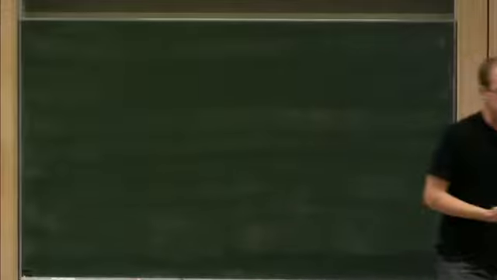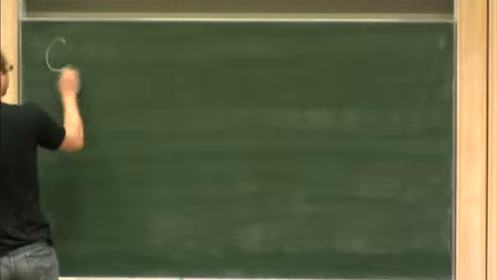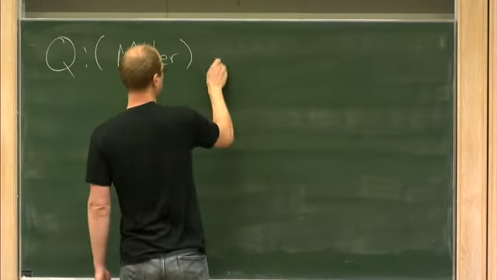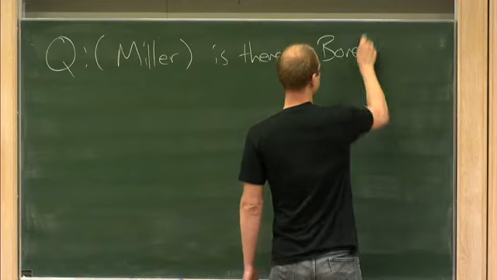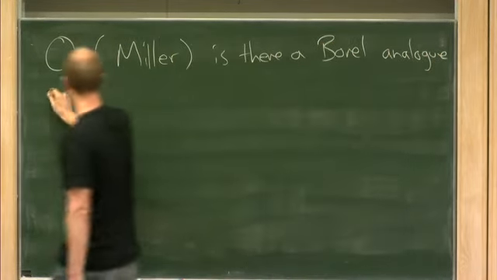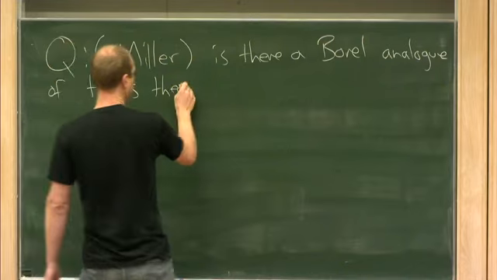And there's nothing particularly special about Borel there. We could ask for a definable analog for other notions of definability. And that's interesting as well. And the answer is no.